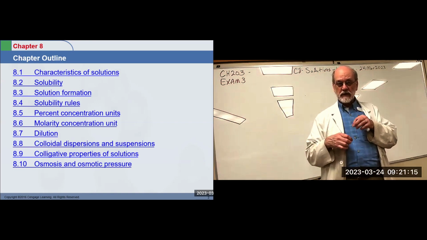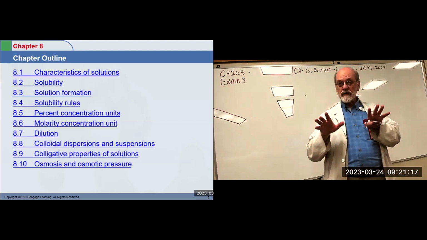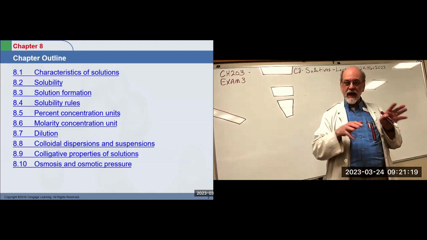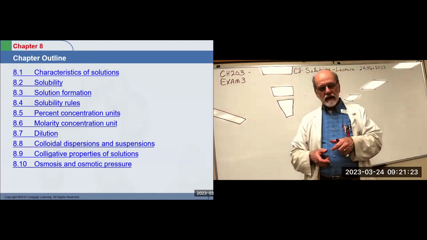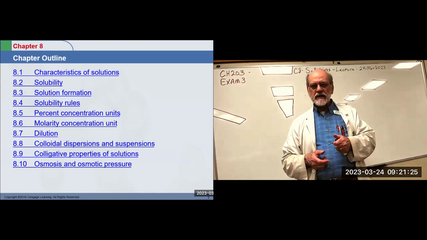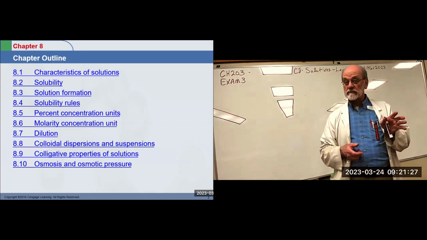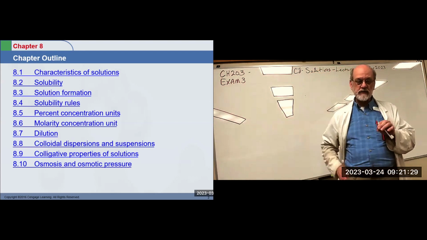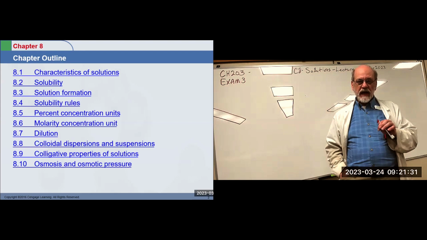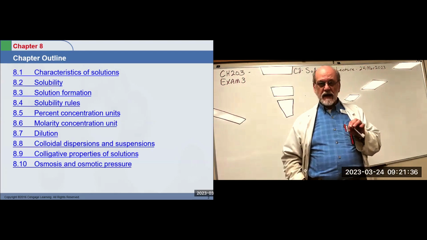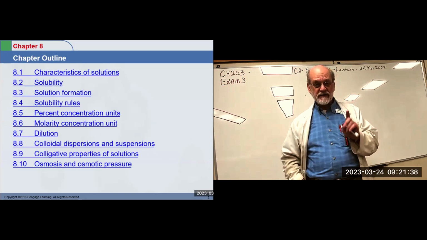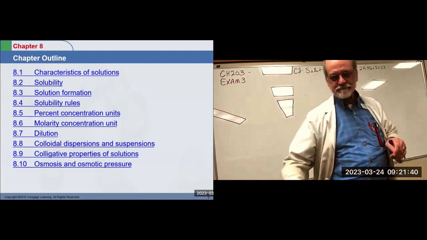And we're going to learn how to tell whether or not the products of a chemical reaction will be soluble. Then we're going to talk about dilution, right? That's an interesting topic. And then some colligative properties. And I'll define what colligative means when we get there.